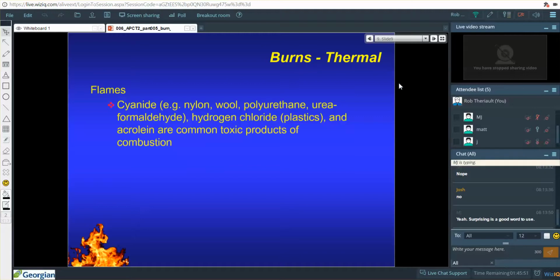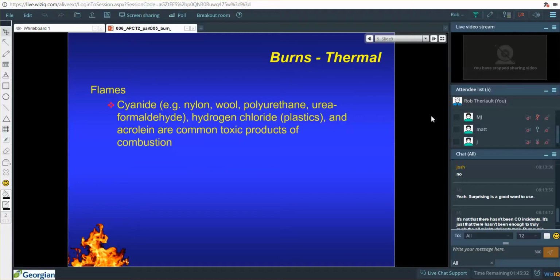I find even with the exhaust system for our vehicles, when the CO levels reach a certain point, those alarms start to go off on the bags in the back of the ambulance. So there are lots of different products of combustion.